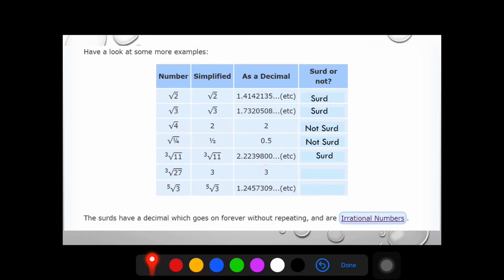This one, square root of 5. As a decimal 1.2457, and the answer is this is a surd. So surds have a decimal which goes on forever without repeating and are irrational numbers.